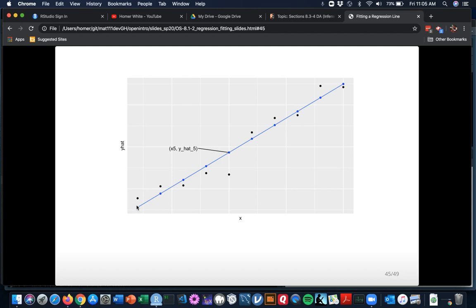The height of this point is y1 hat. The height of this blue point is y2 hat. The height of this blue point is y3 hat, y4 hat. And the height of this point is y5 hat. Its coordinates are x5 and y5 hat. Okay, next step.